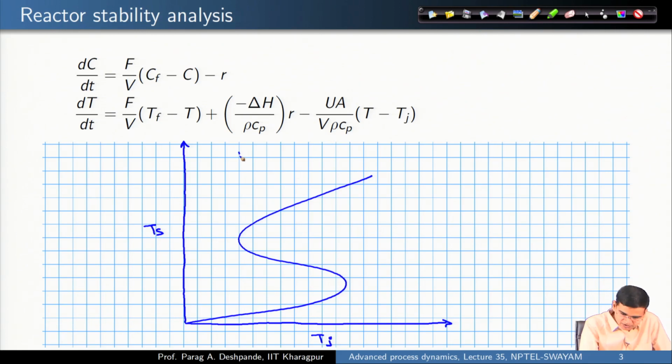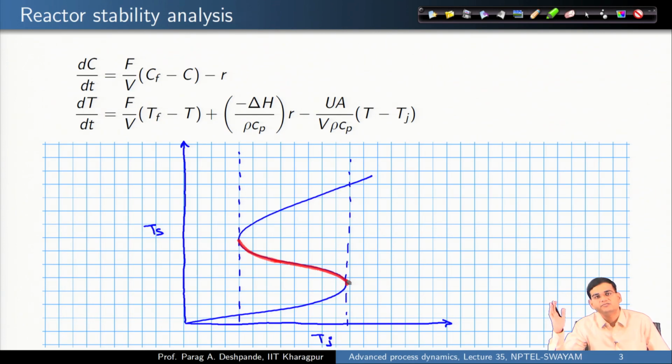So, I have now this particular bound to my system, okay, and this portion will not be observed, because you will do it for a large number of different parameters, and this portion is unstable.